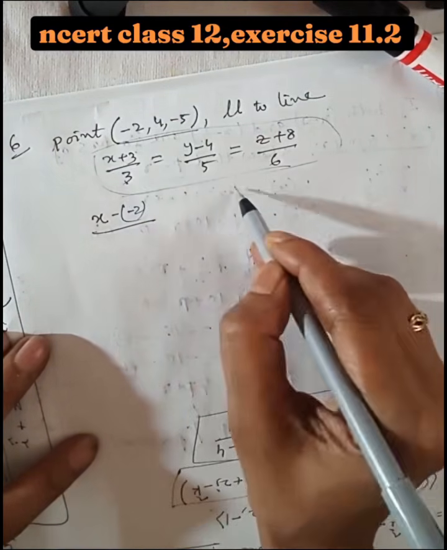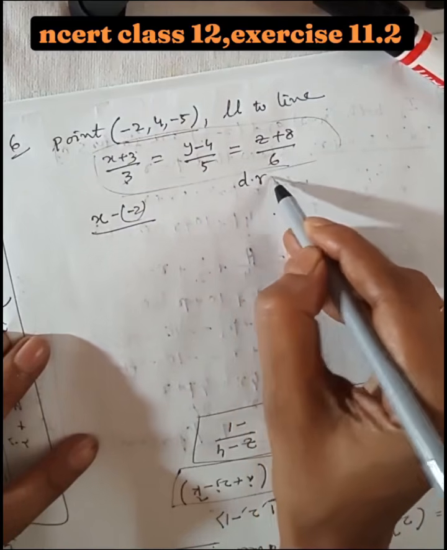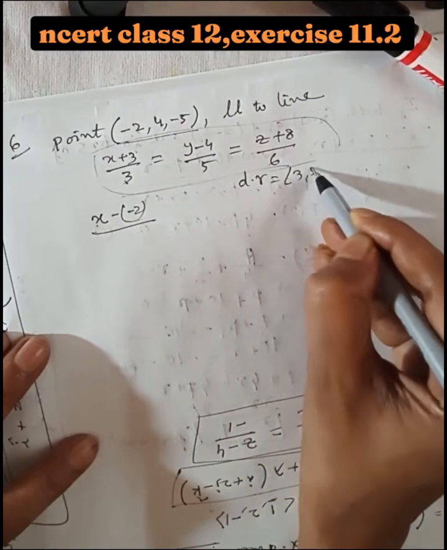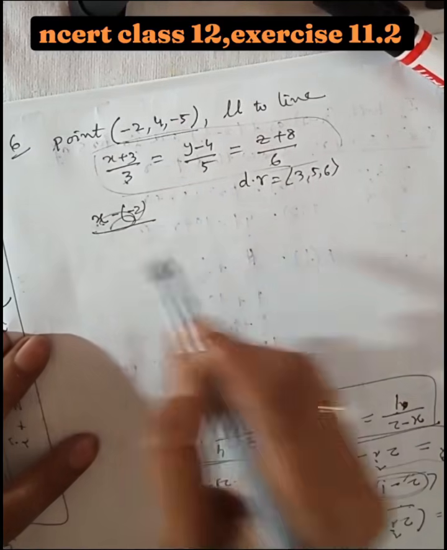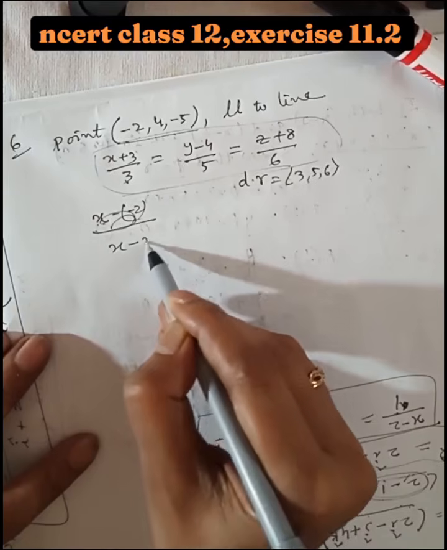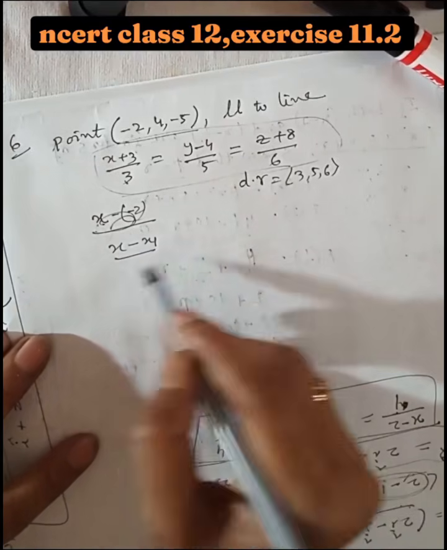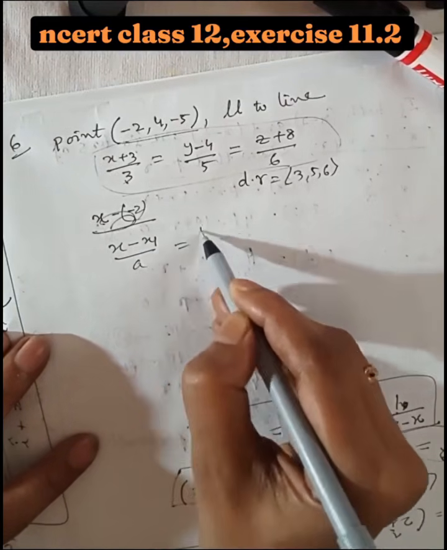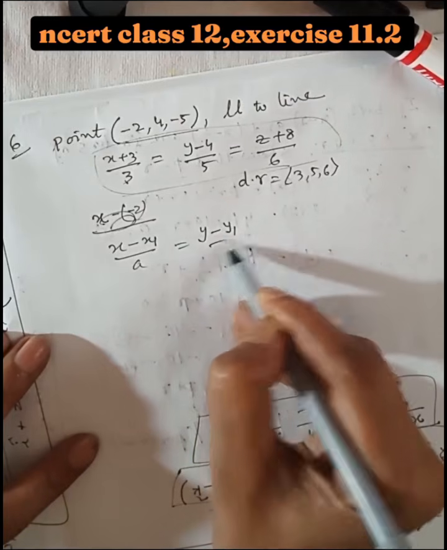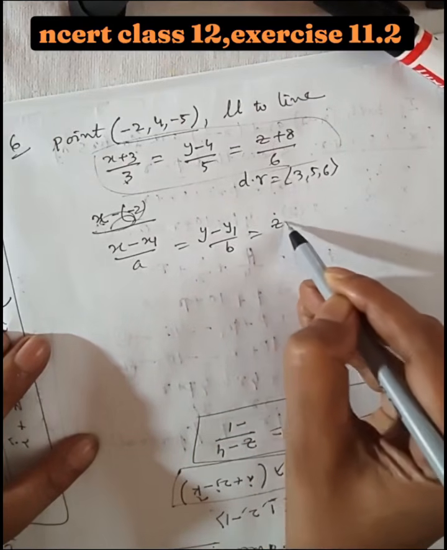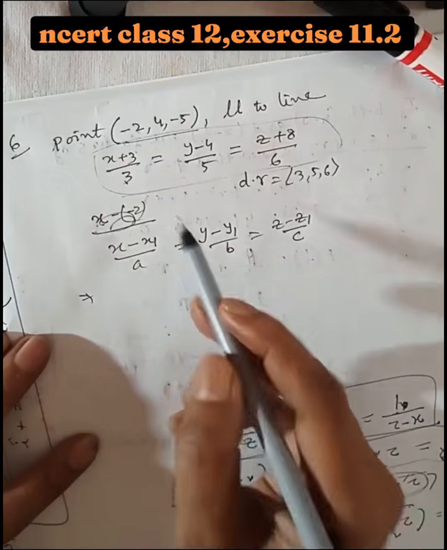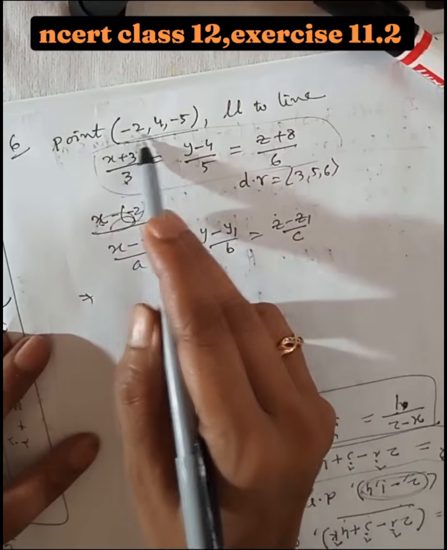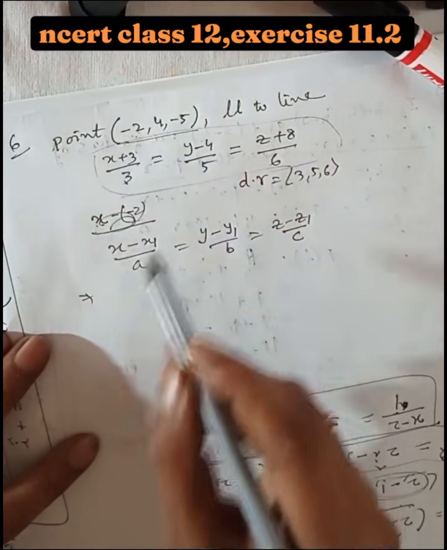This is the direction ratio (3, 5, 6). So the equation of the line will be (x - x1)/a, (y - y1)/b, (z - z1)/c. Here (x1, y1, z1) is (-2, 4, -5).